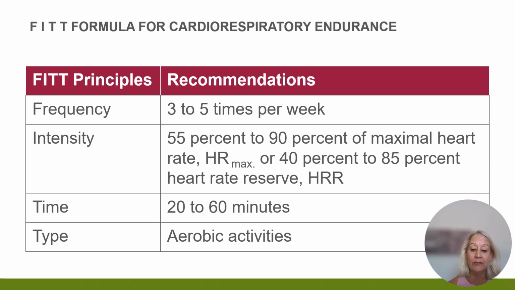And ideally, it should be between 55 to 90% of your maximal heart rate, or heart rate max, or 40 to 85% of your heart rate reserve. We'll talk more about that. And your time, how long you exercise, should be from about 20 to 60 minutes. And as far as the mode of aerobic activity, it could be walking, running, swimming, anything along that line.